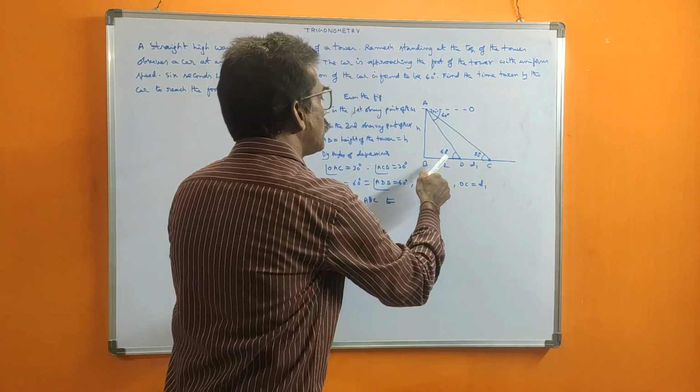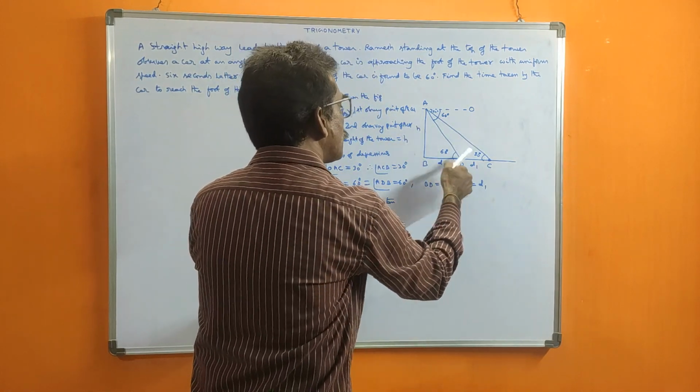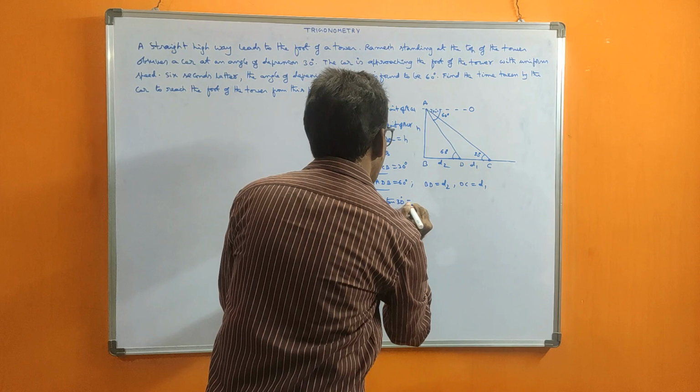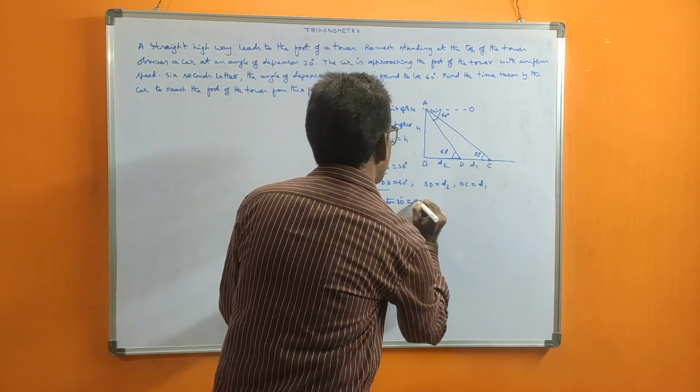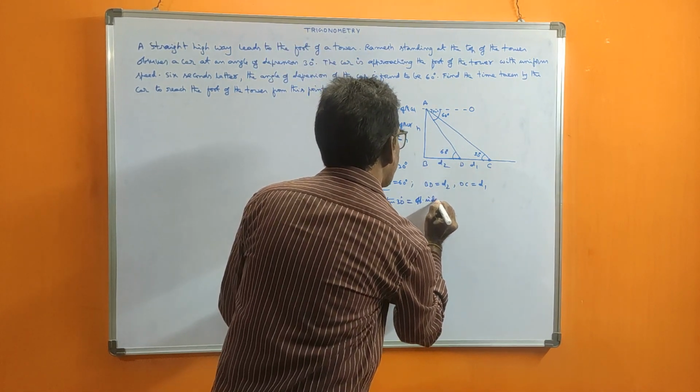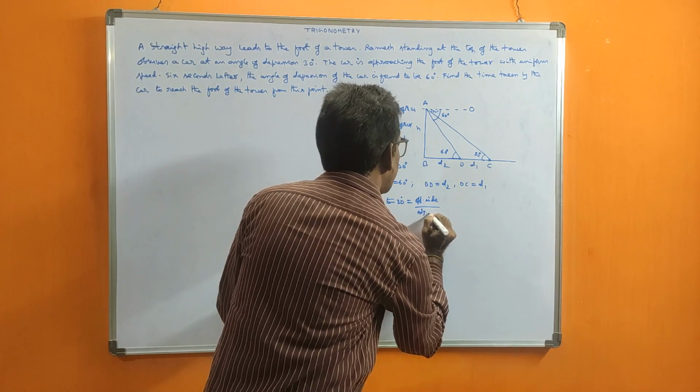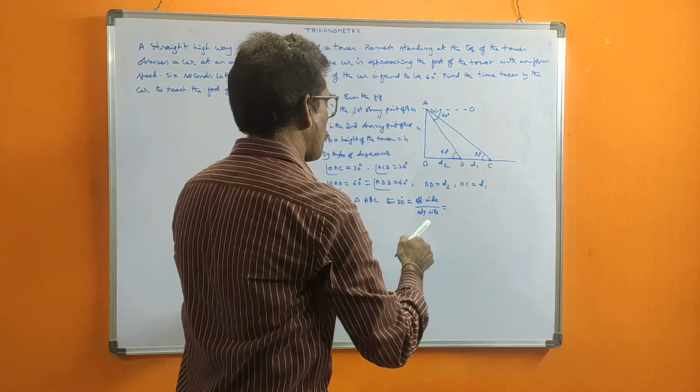Tan 30 is what? The formula is opposite side by adjacent side.